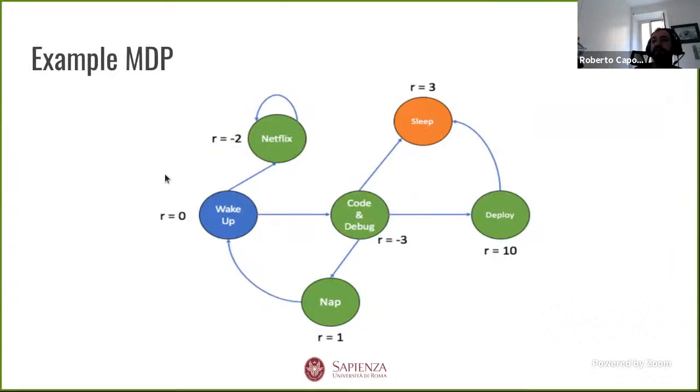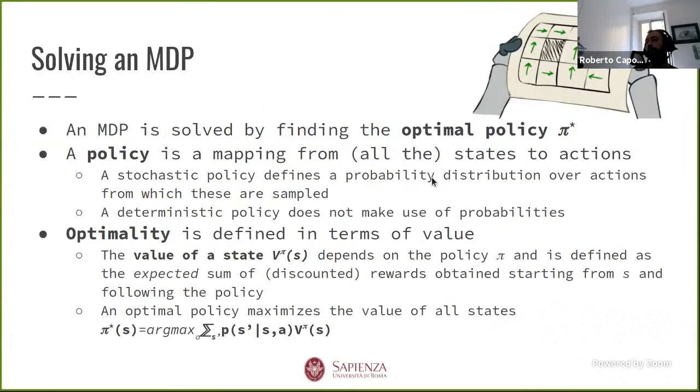For example, looking at this MDP, if the policy always says go and watch Netflix, then you will never visit this state. So your value will never have to consider the fact that you might end up in the deploy state or in the sleep state. So an optimal policy in the end is the policy that maximizes the value for all the states.